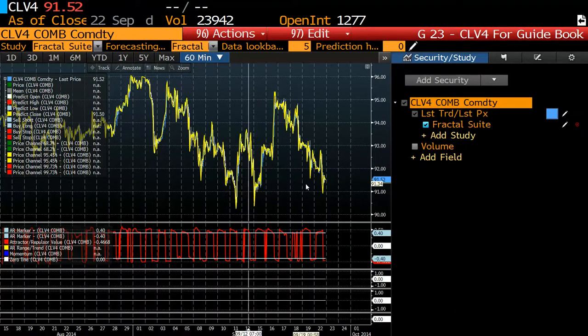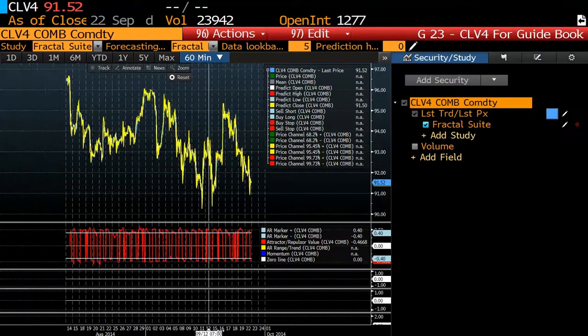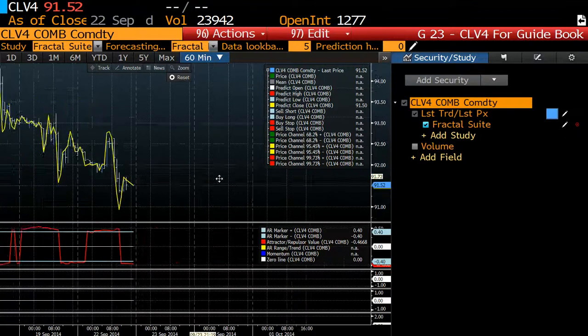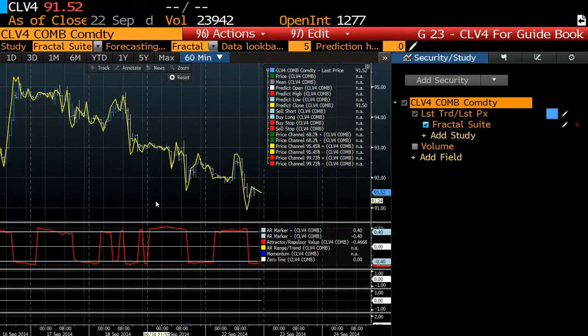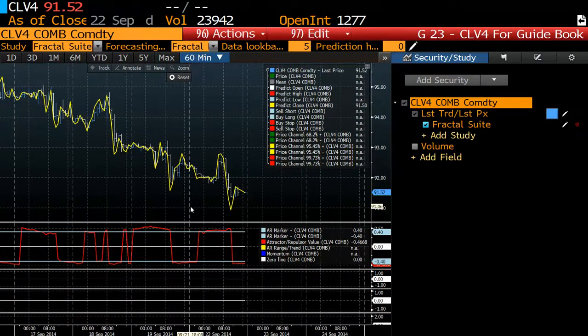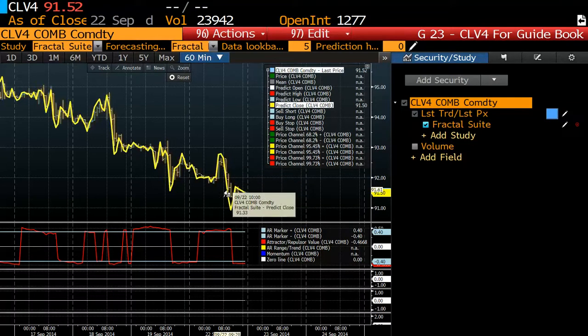Okay, so now we have the close on the chart. And what we can determine from this is that based on those 10 observations, when the arc is in this positive range here, we can say that the last traded price of each one of these bars is actually being attracted back to this predictor value.